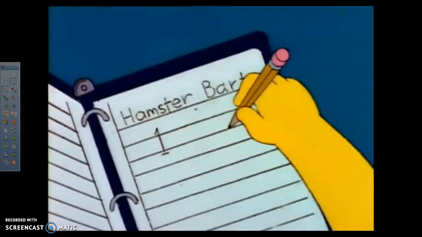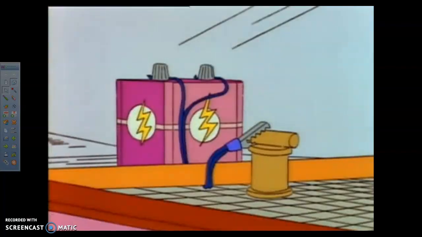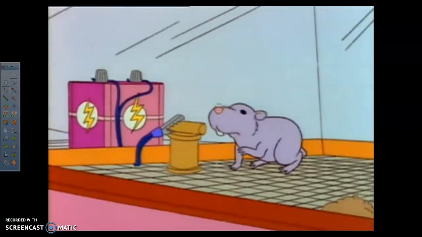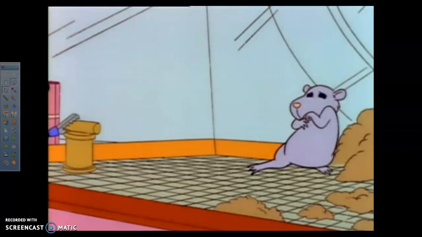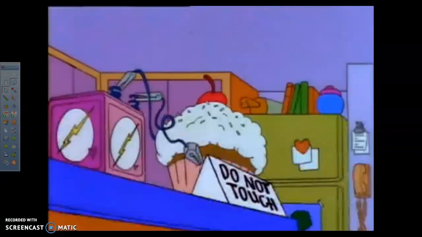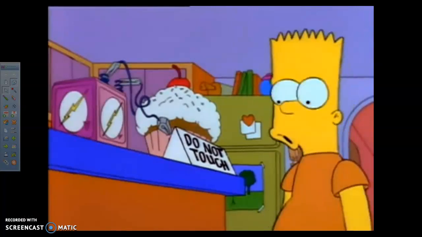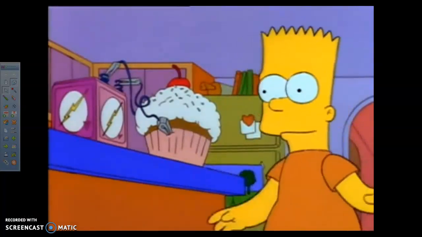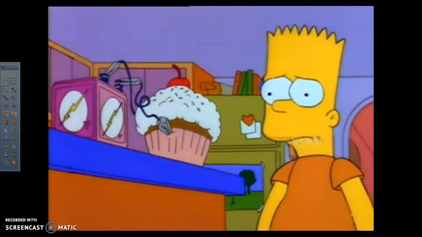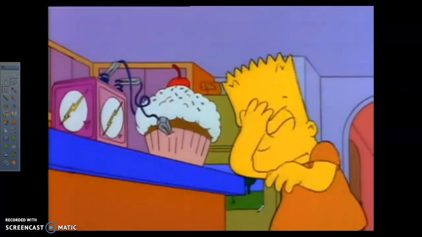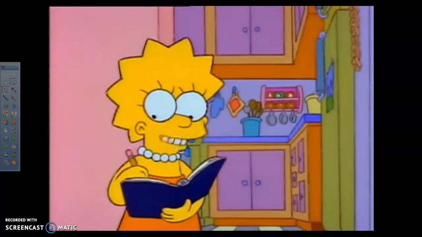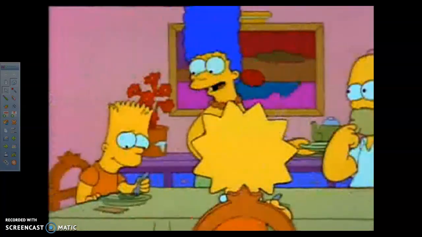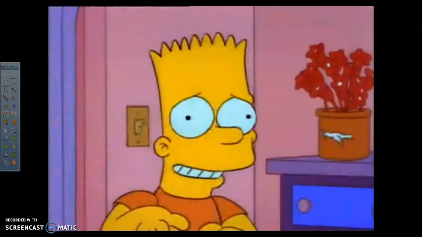Hamster 1, Bart 0. Experiment 2. The food is connected to a mild electrical current. The hamster has learned a valuable lesson. Beware the hand of man. Wise guy, eh? Ow! Ow! Ow! Hamster 2, Bart 0. Bart, could you go get the cupcakes? Cupcakes. Yes, sweet cakes for all.